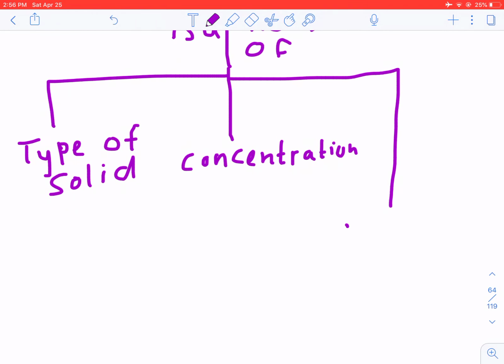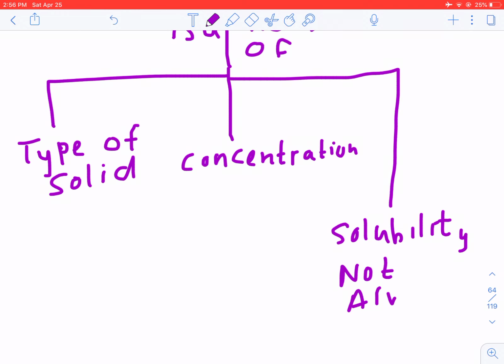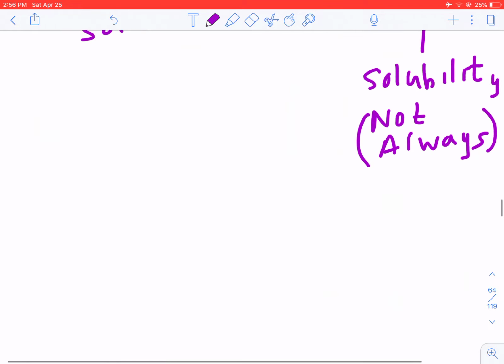It does depend on solubility, but not always. Certain substances, the more soluble it is, the greater the conductivity, but it depends on the type of substance.